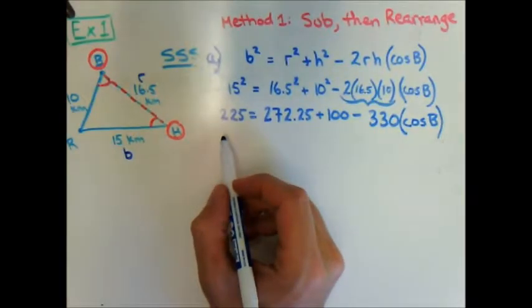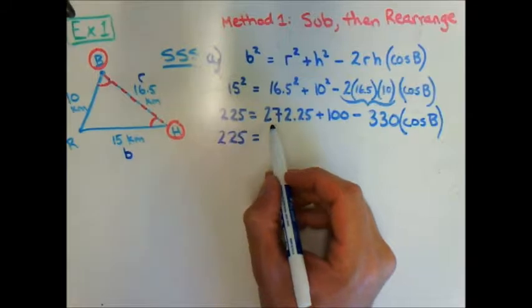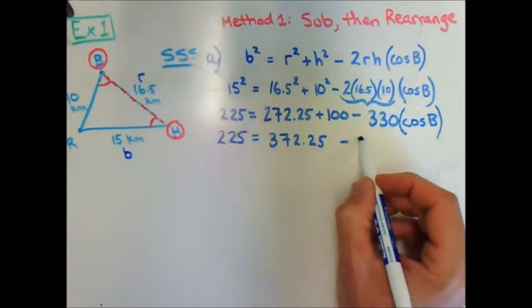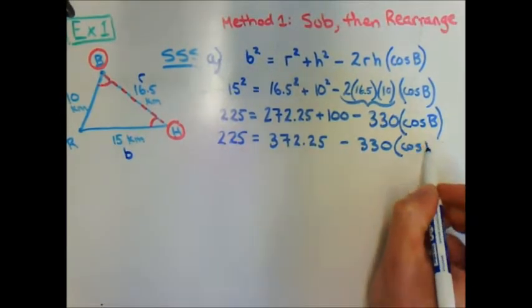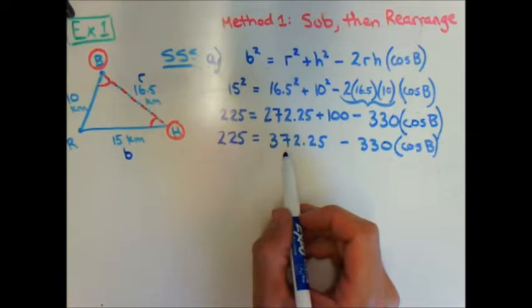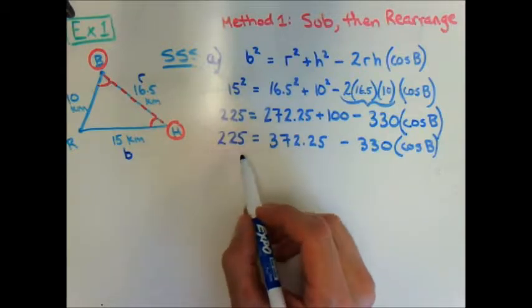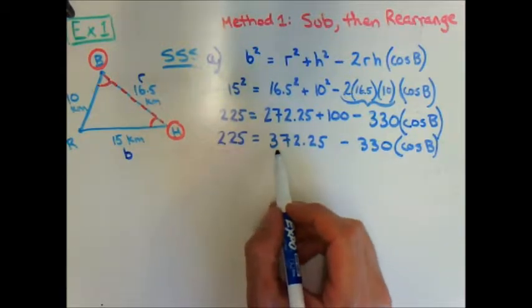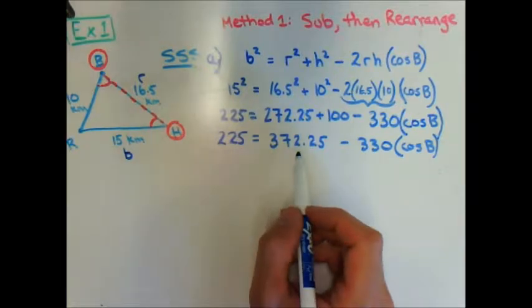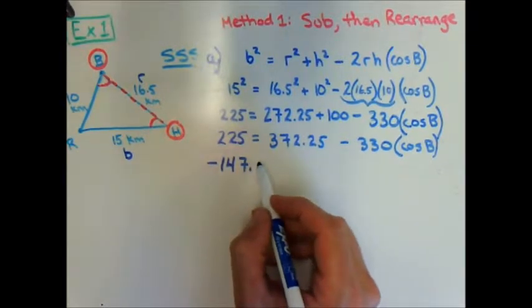Okay, let's simplify a little bit further. Let's get our 225 still on the left. 272.25 plus 100 is just 372.25, and we still have minus 330 times the cosine of B. Now we can move this 372.25 to the other side by subtracting it from both sides of the equation. 225 minus 372.25 is negative 147.25.